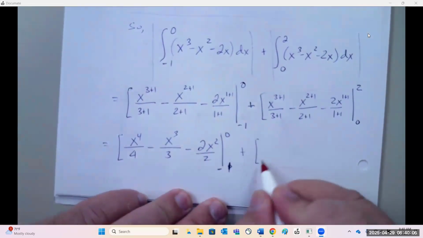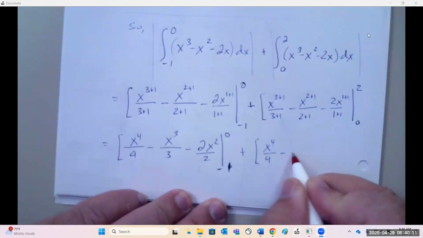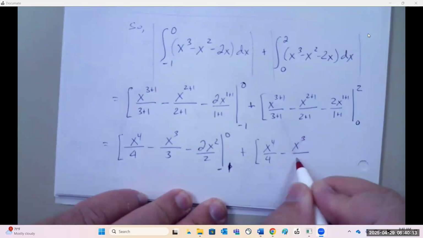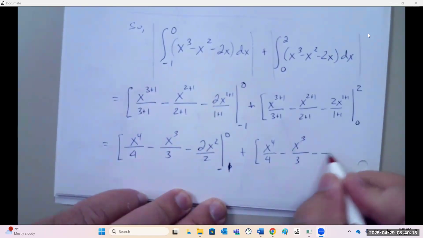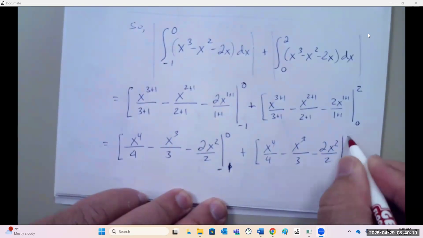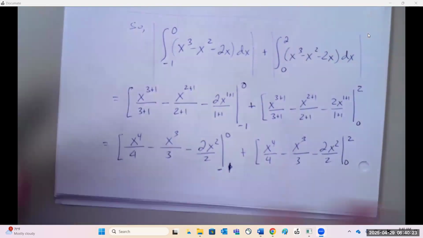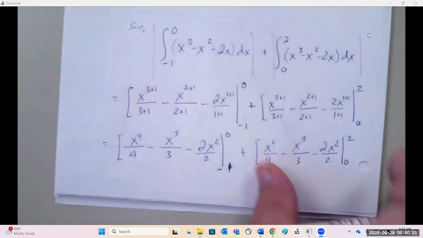And likewise in the other one, we have x to the 4th over 4, x cubed over 3, 2x squared over 2. I mean, you shouldn't have to bobble your head. You should see what there is, and this is basic math. Finish the rest of those.